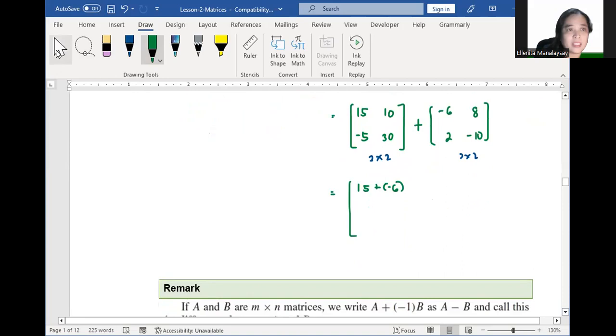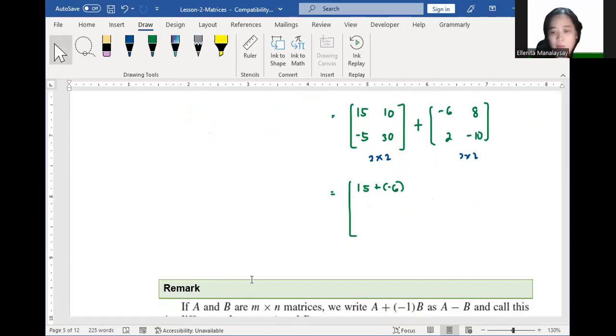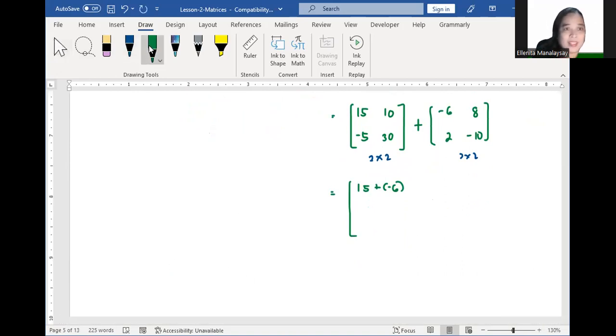15 plus negative 6 is positive 9. And then we have 10 plus 8 is 18.